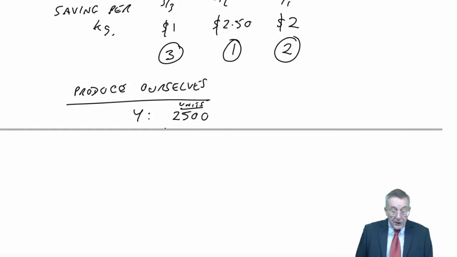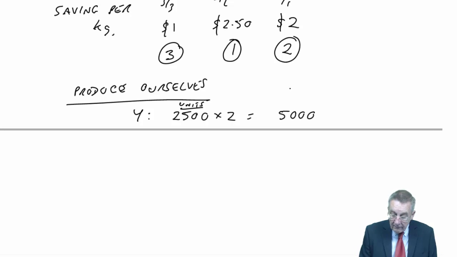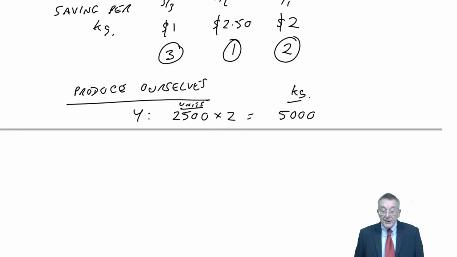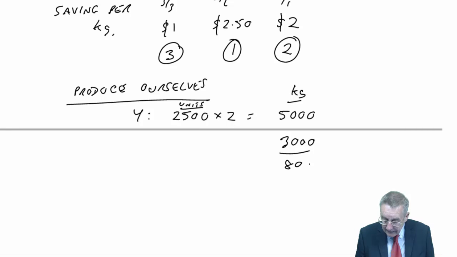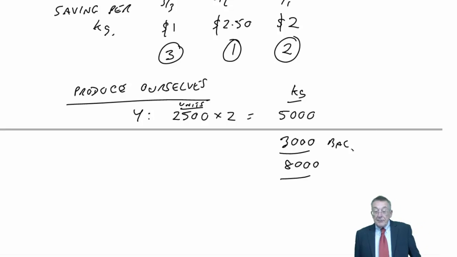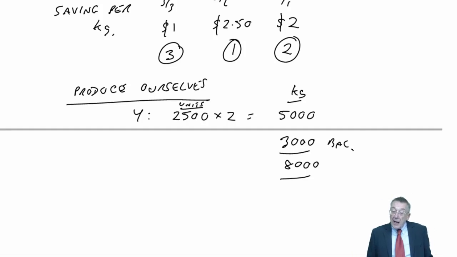Each one takes 2 kilos, so yes, we do have enough material available. We'll therefore produce Y entirely ourselves. We've still got 3,000 kilos left over, remember the total available was 8,000. So we can still carry on and make more units ourselves. We can't make more Ys because we wouldn't sell them.